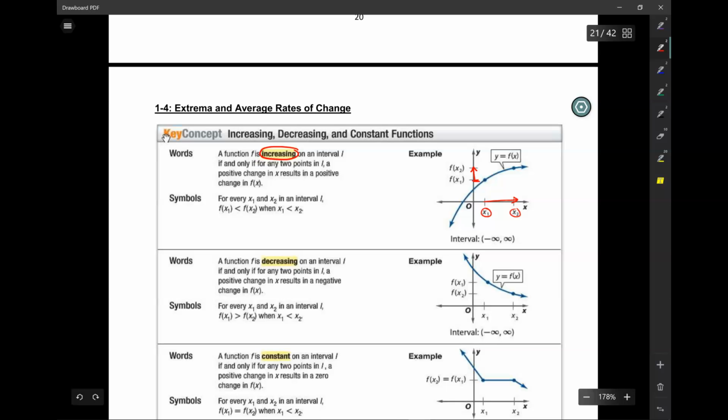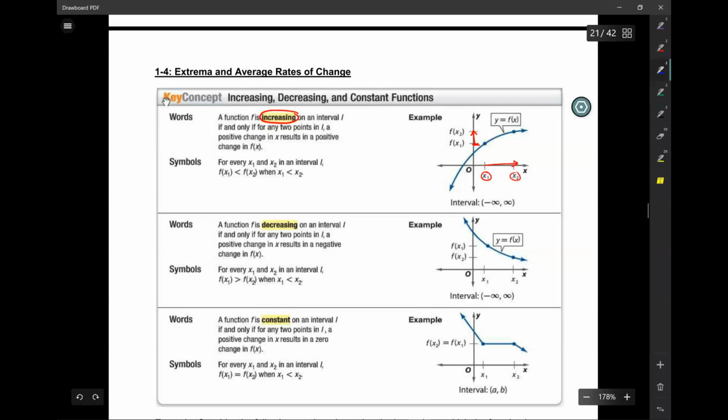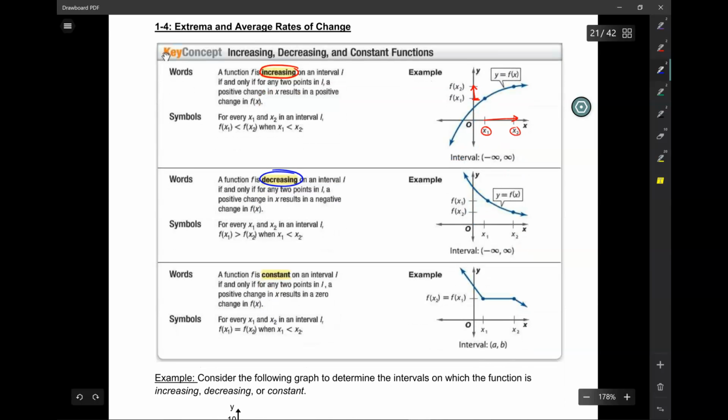A decreasing function is the opposite. And so that says a function is decreasing if when you go from x1 to x2, when you move right on the x-axis, the respective y values will decrease.